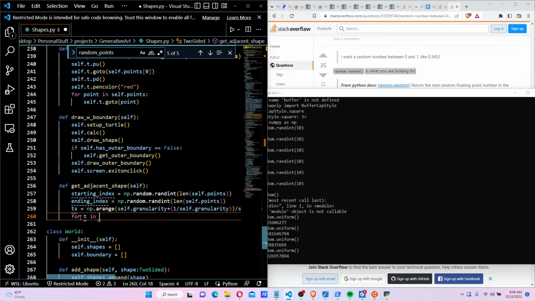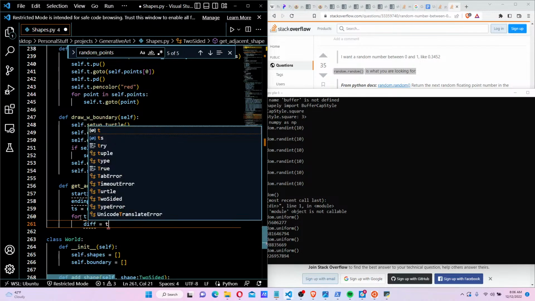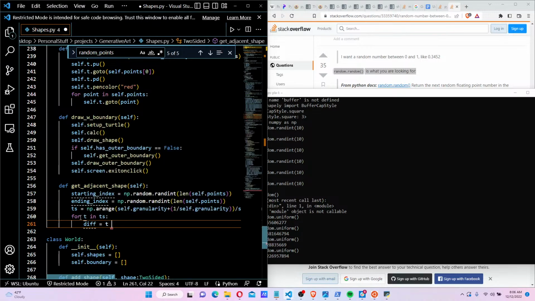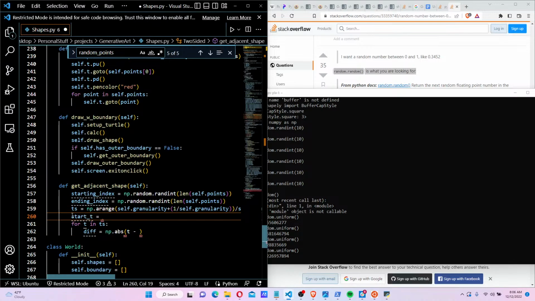Alright, now for t in t's, diff is equal to the np.abs, so the absolute value of t minus start t. Start t is equal to np.random.uniform.